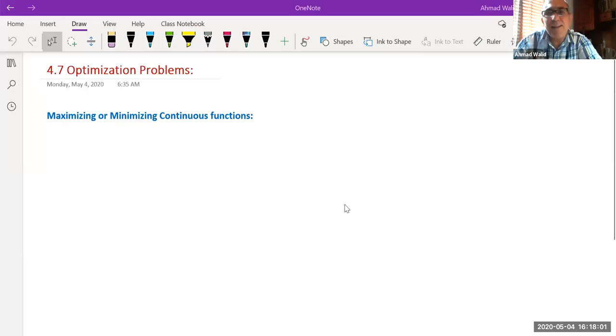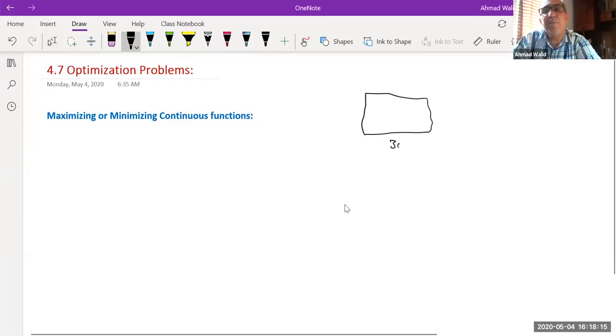Or in simple, you want to make a box at home, correct? A rectangular box. How to find, by a certain area that's given to you, for example, let's say 30 by 20 inches, how you can make a box with the maximum space in it, correct? Or maximum value. These kind of problems, we call it optimization. And it's really easy if you know 4.3 and 4.4. It's really, really easy. They are word problems, but they are easy.